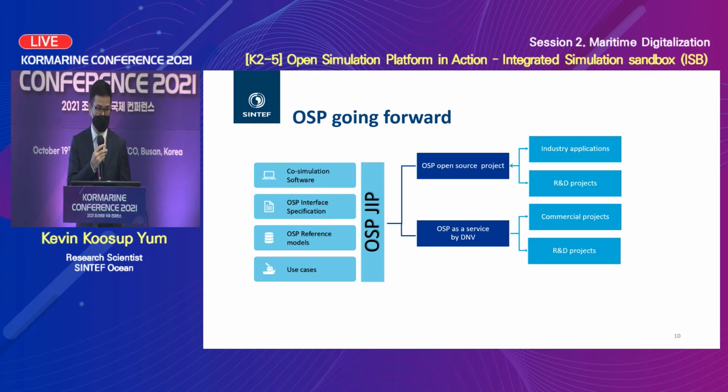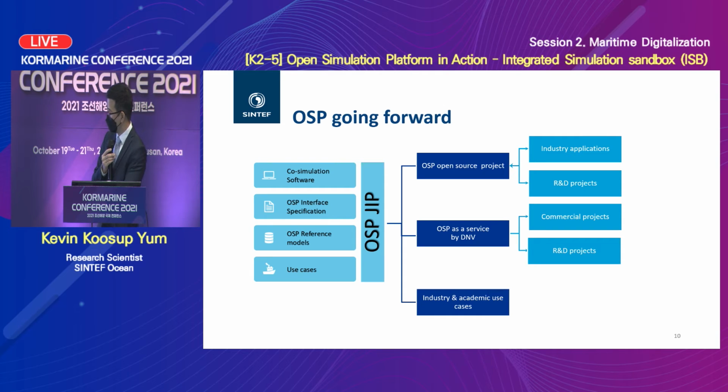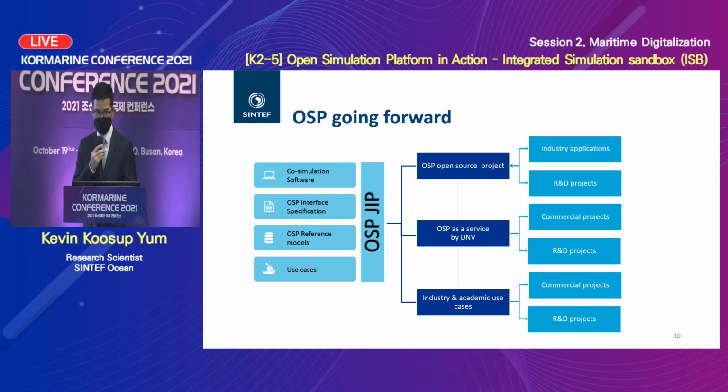It has been launched this year and can manage secure sharing of models, assurance of simulation models, and an infrastructure to perform efficient system simulation on neutral ground. And then, in the industry, or together with academia and research institutes, we continue to develop this open simulation platform into more usable forms. And that's what we are talking about today further on.